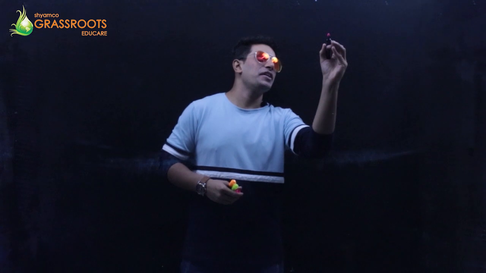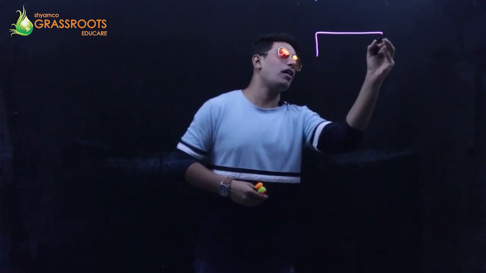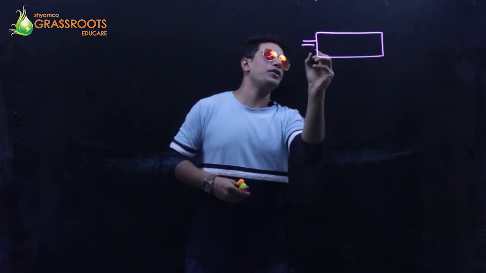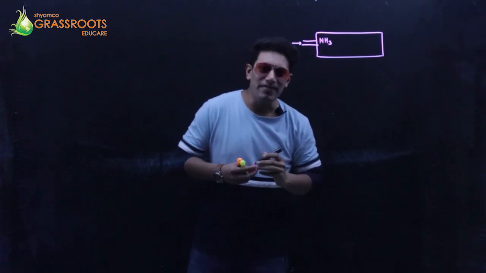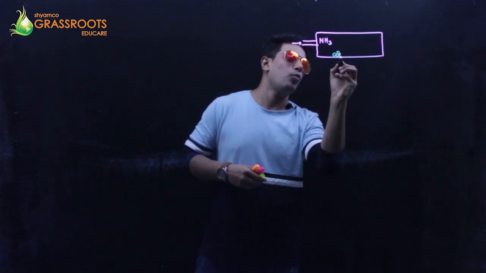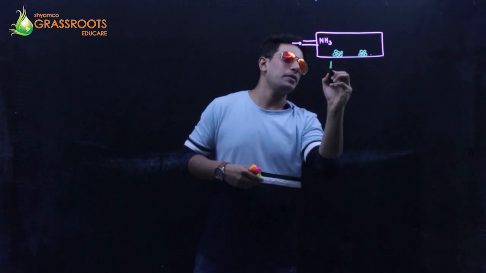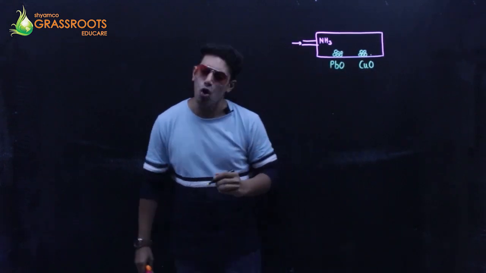Let's begin, guys. What we're doing is we take a hard glass test tube. We pass ammonia gas, NH3, and there are two substances placed at the bottom. One of them is lead oxide, PbO, and another is copper oxide, CuO.